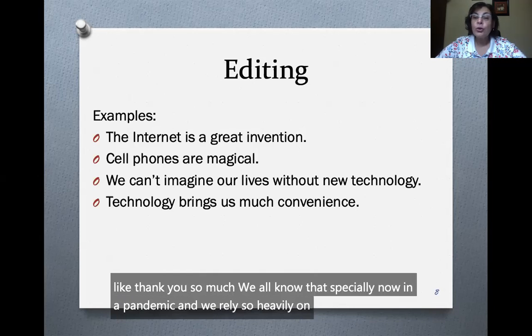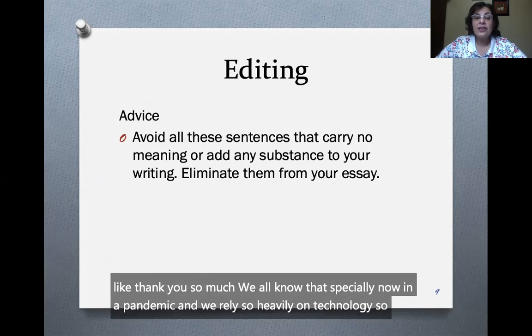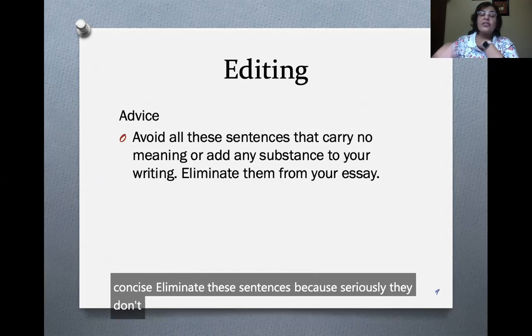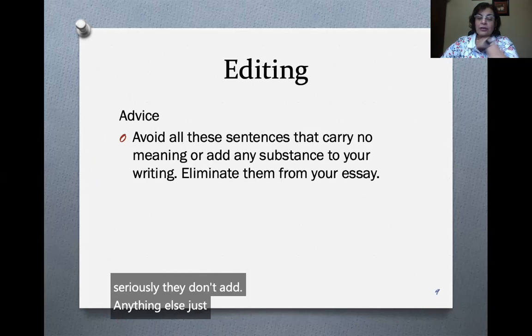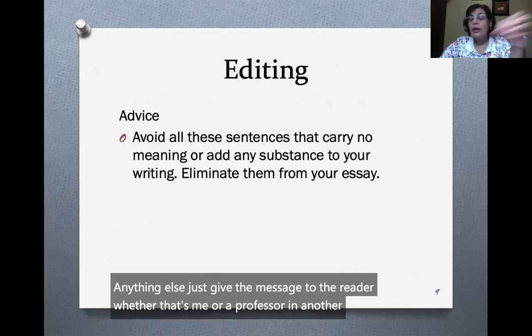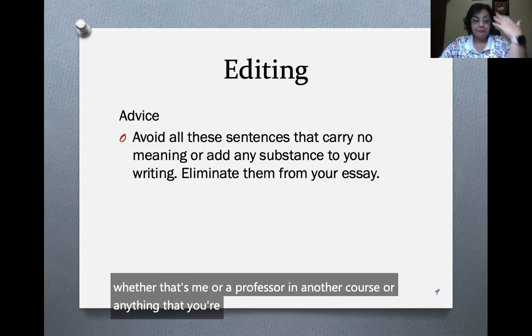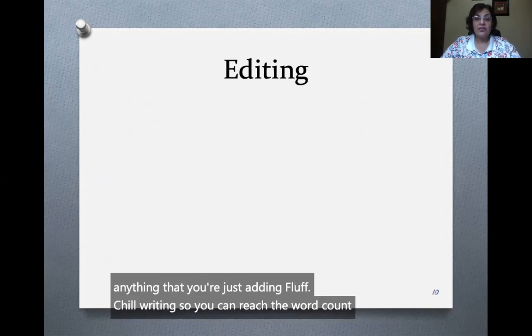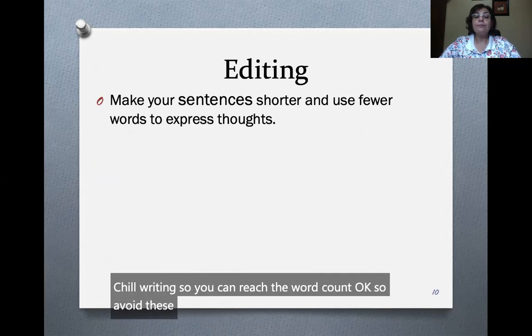So be concise. Eliminate these sentences because seriously, they don't add anything, and they just give the message to the reader, whether that's me or a professor in another course, that you're just adding fluff to your writing so you can reach the word count, okay? So avoid these sentences. Another problem, make your sentences shorter and use fewer words to express thoughts.